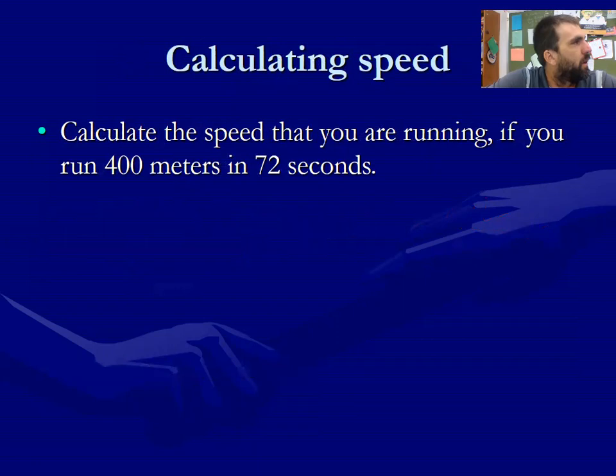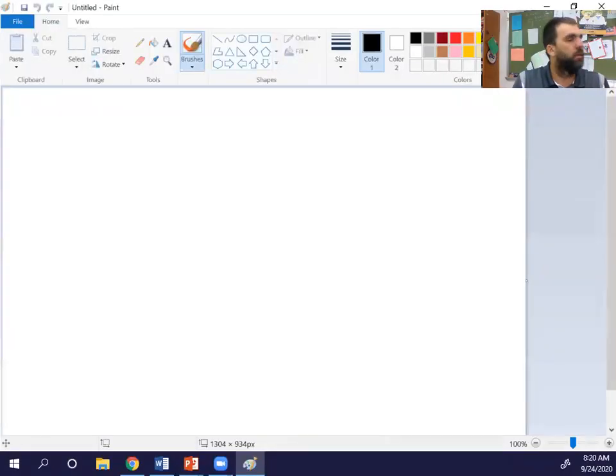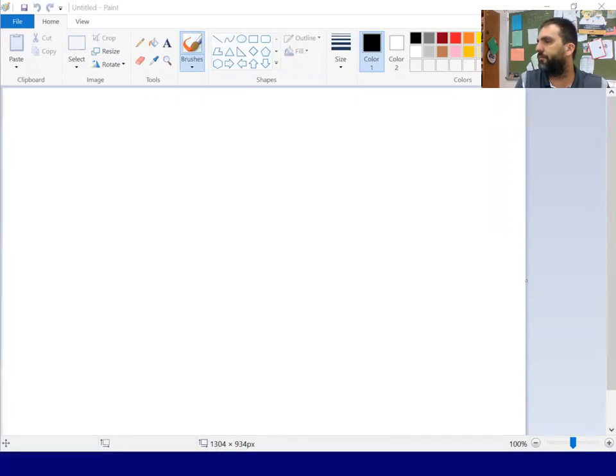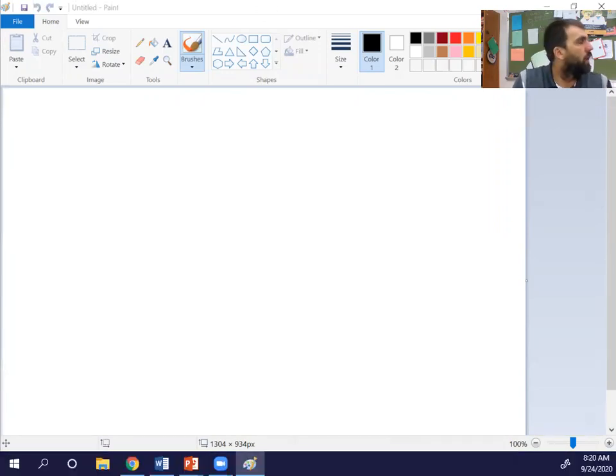Calculating speed. Calculate the speed that you are running if you run 400 meters in 72 seconds, okay? So I'm gonna work this on something different. Make sure that's the right screen that's shared. So in this, I traveled 400 meters in 72 seconds.